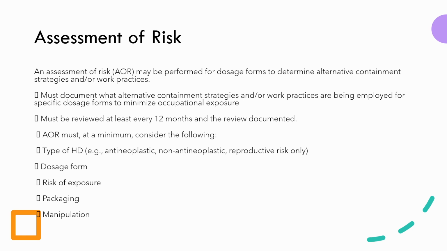So instead of having to document everything, they just have to review it at least every 12 months. And then the documented review needs to include what type of hazardous drug it is. So we already talked about those three groups. What group is it? Is it the anti-neoplastic, the non-anti-neoplastic, or the non-anti-neoplastic with reproductive risk only?